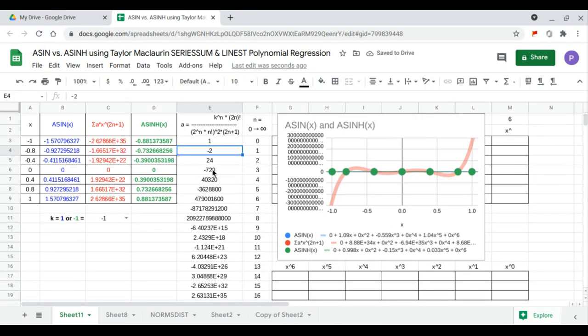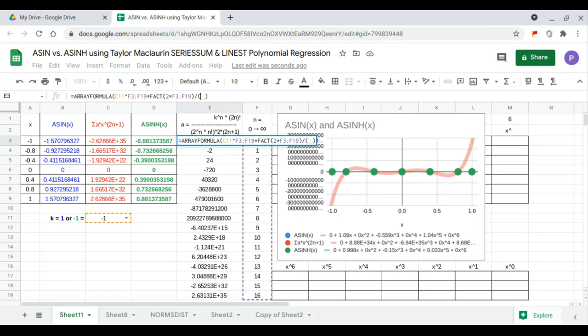We'll continue with the denominator, which has two parts, this part and 2n plus 1, the second part. So divided by the first part, that is 2 to the power n times factorial of n.